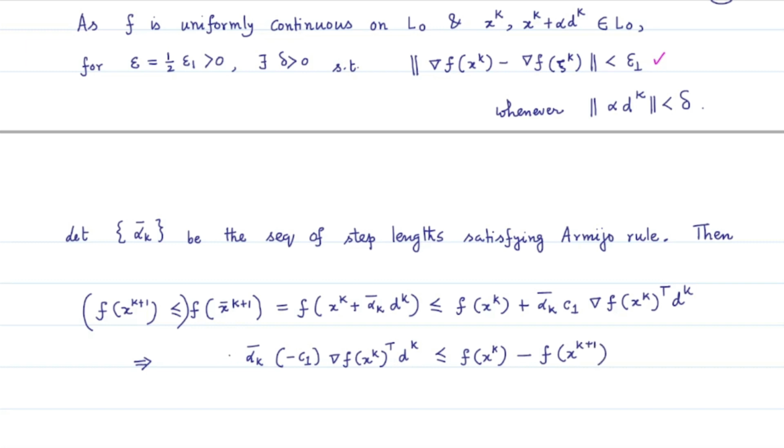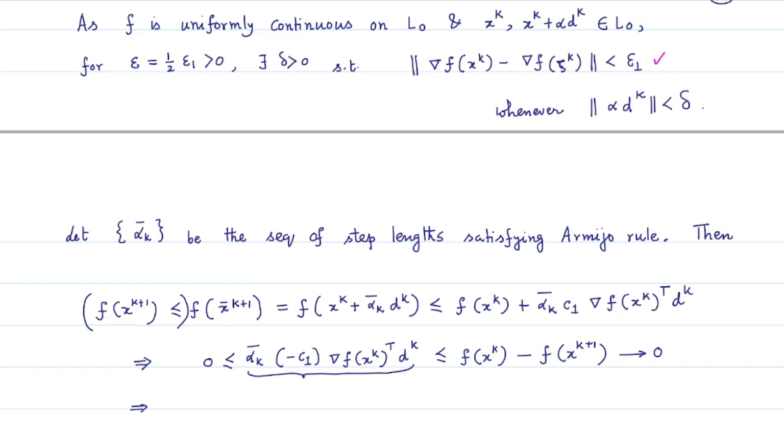As this left hand side is greater than or equal to 0 and the right hand side, by our assumption, tends to 0 as k tends to infinity, in turn this entire sequence converges to 0 as k tends to infinity.